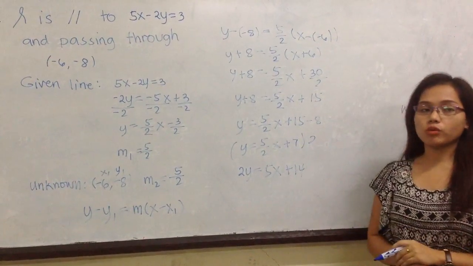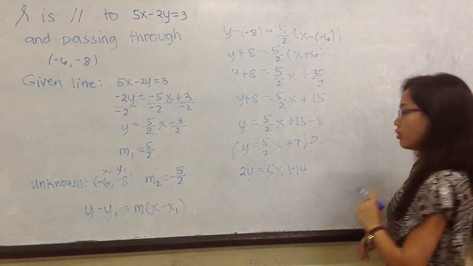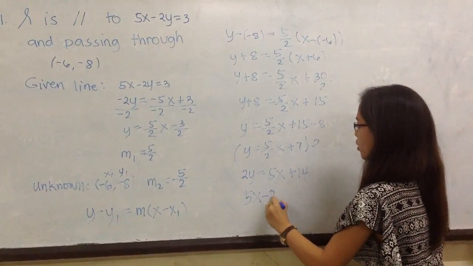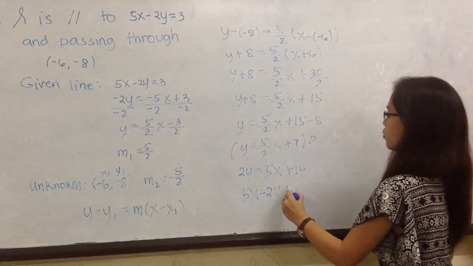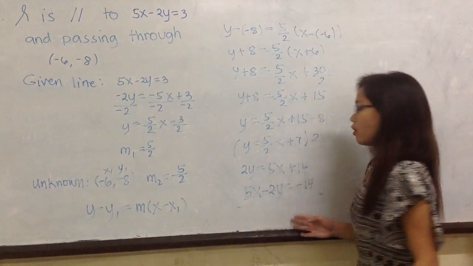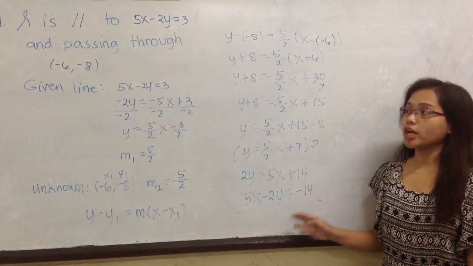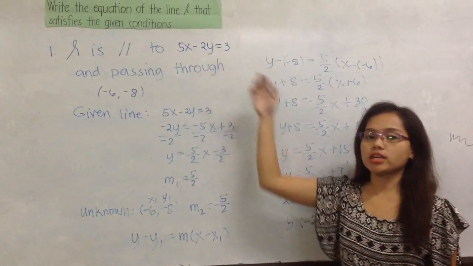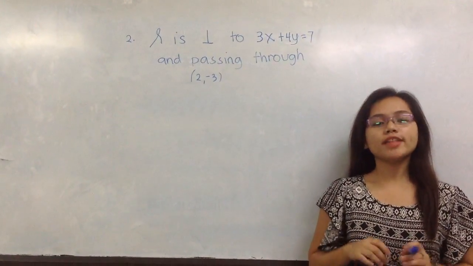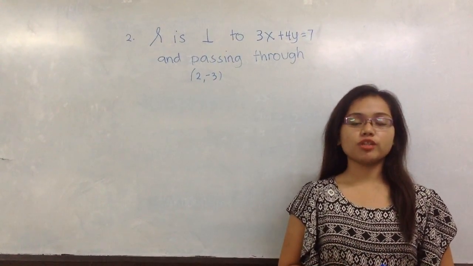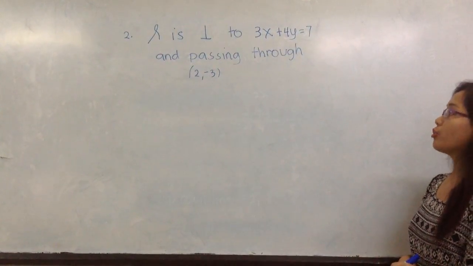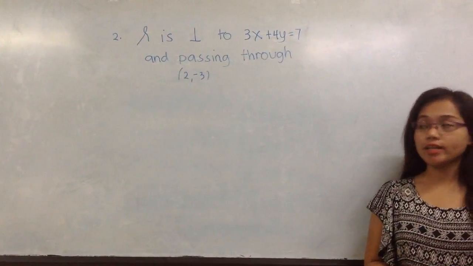And then we will find the equation of this in general form, which is in the form of 5x minus 2y equals negative 14. So now, this line is the parallel line to that equation, which is 5x minus 2y equals 3.